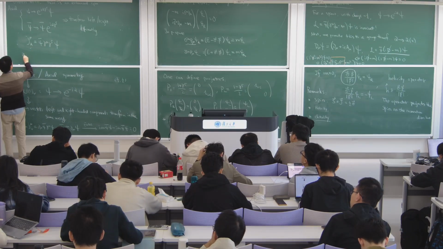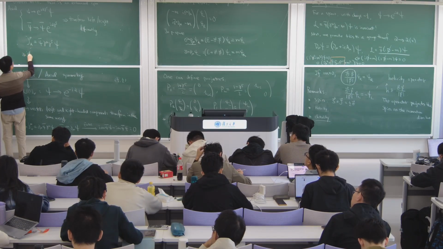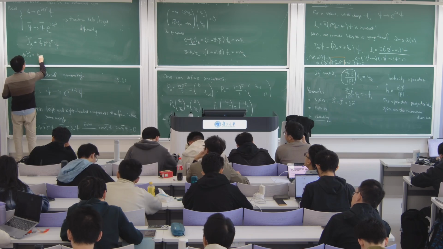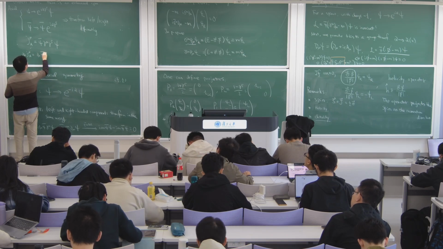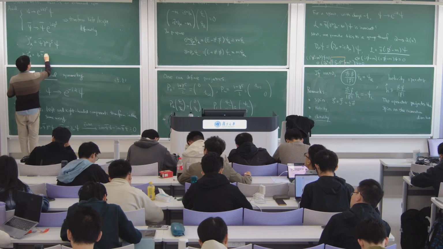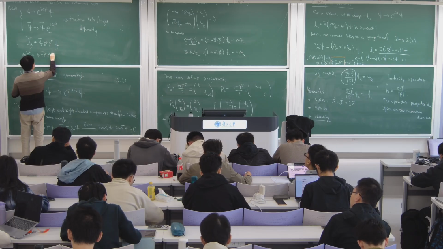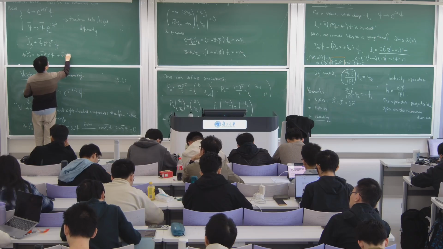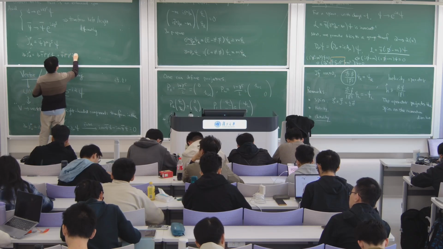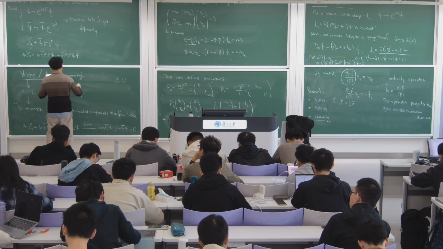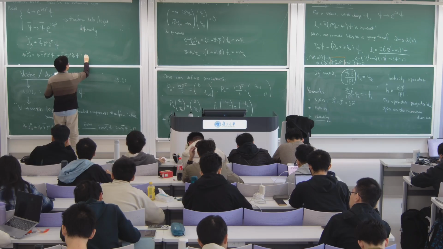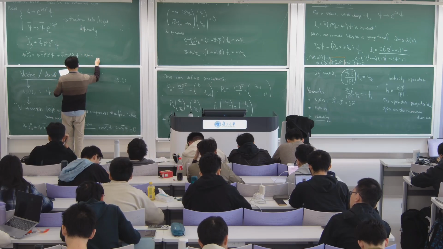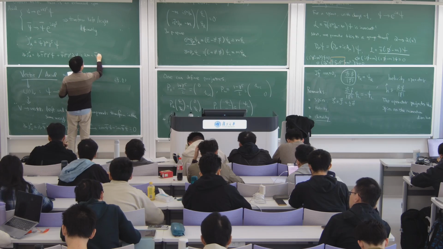The partial mu J A mu. You can check the conservation: partial mu psi bar gamma mu gamma phi psi plus psi bar gamma mu gamma phi partial psi. This is equal to 2 m i psi bar gamma phi psi.